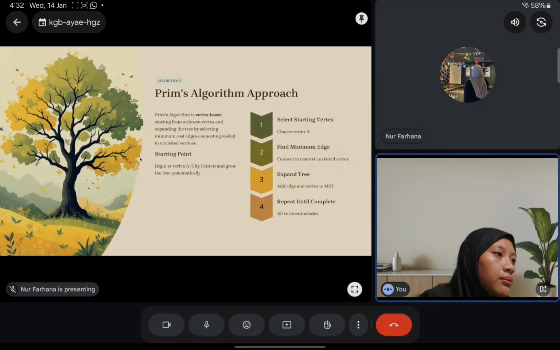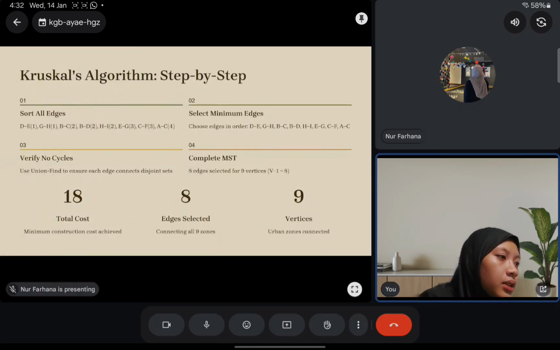So Kruskal's algorithm is very easy to do.